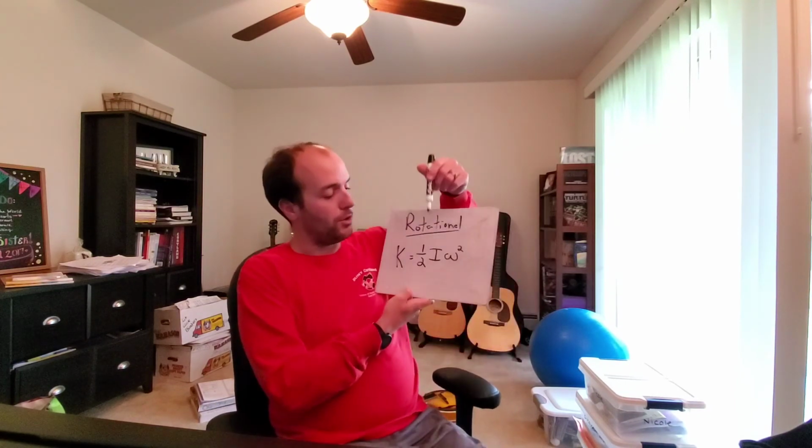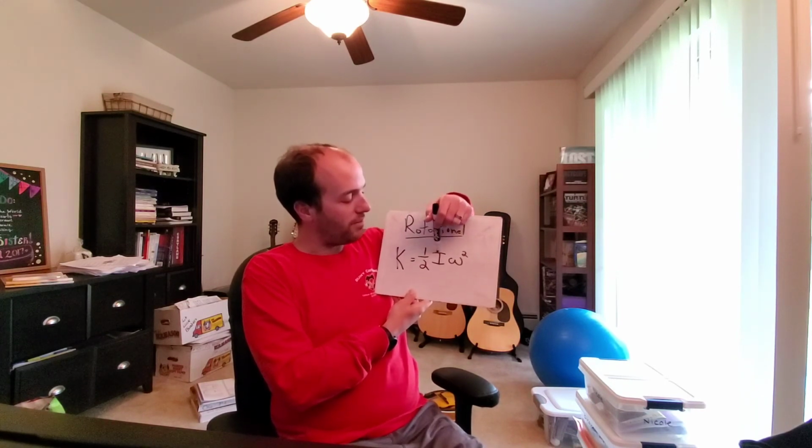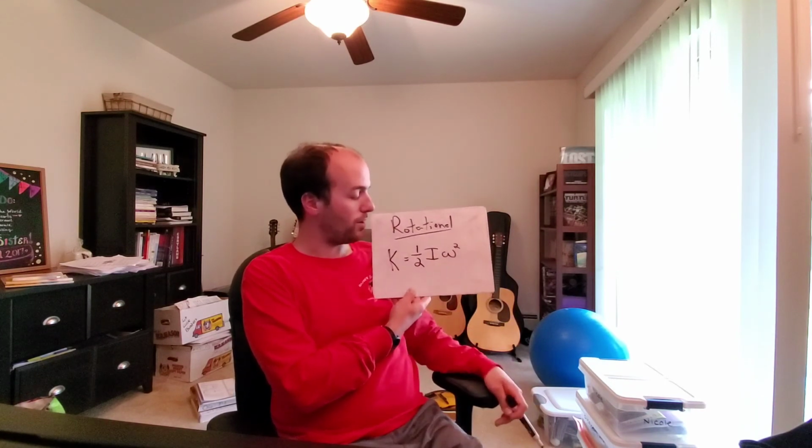It could be the planet Earth, whatever. It could be a record player. Doesn't matter. As long as it's rotating, it'll have rotational kinetic energy, right? Which we write as this. K equals 1/2 I, being your rotational inertia, times omega squared, your angular speed squared. So rotational kinetic energy equals 1/2 I times omega squared.